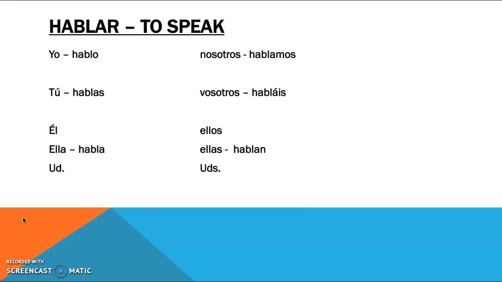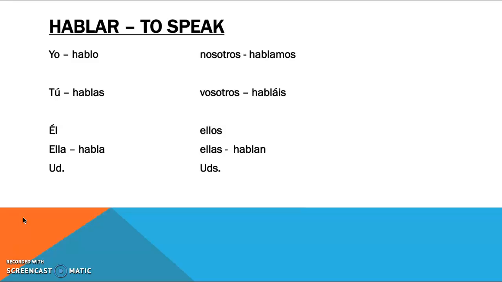Now we're going to go up to nosotros. Again, first thing we do is start with our stem, HABL. Now we are going to add our ending to the end. Amos. Nosotros hablamos. We speak. Next, we have our vosotros form. Again, we start with our stem, HABL. Now we are going to add our ending to the end, áis.